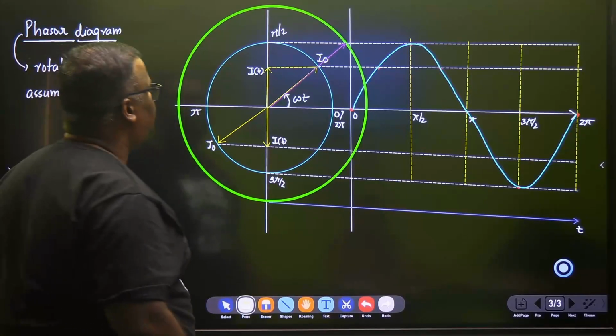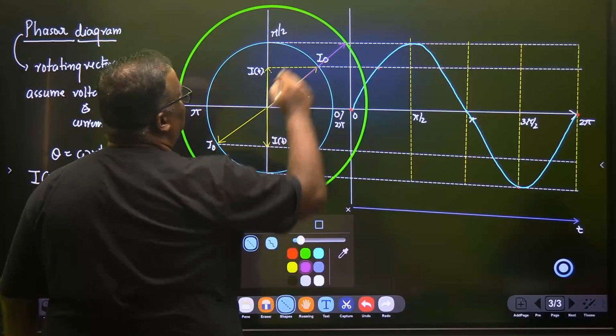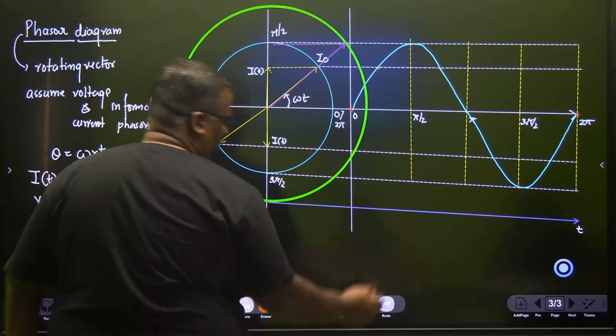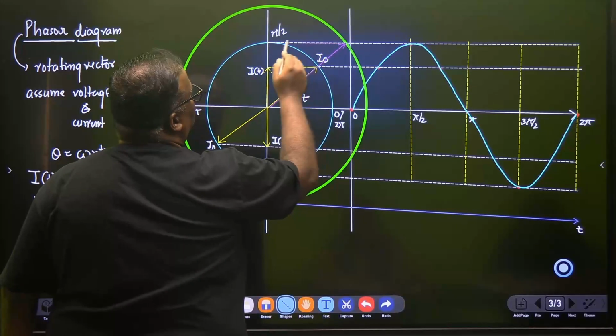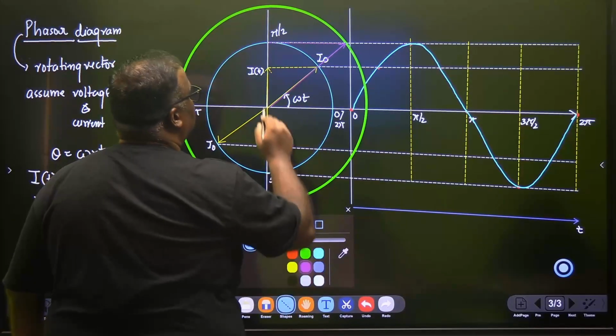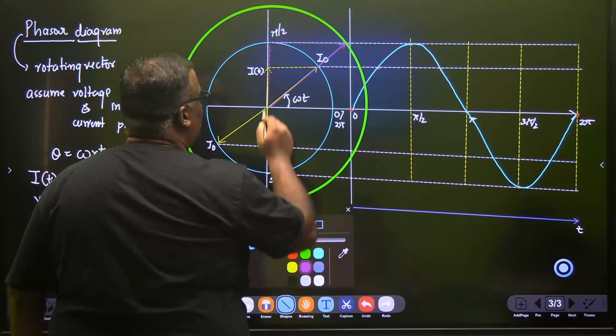So now, if you want to understand this a little more, I would take the vertical projection. Say, I would take the vertical projection here.